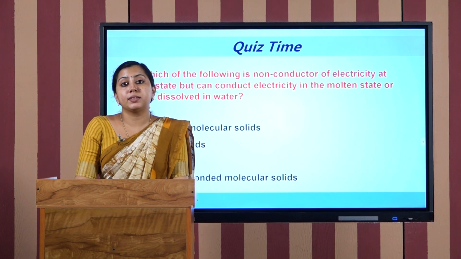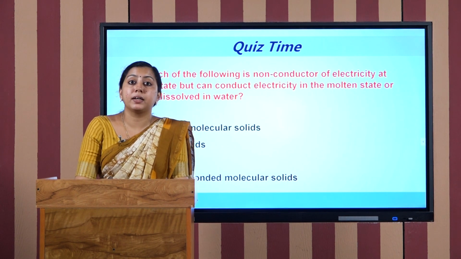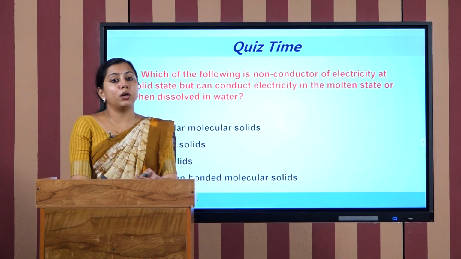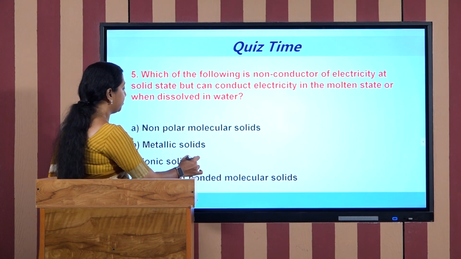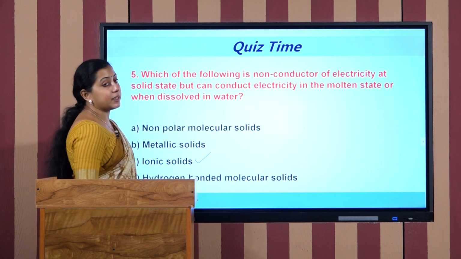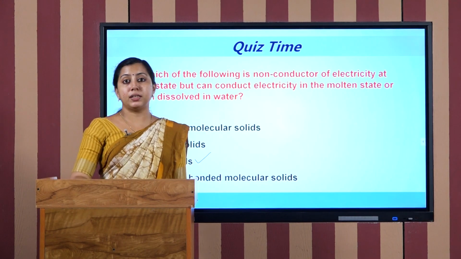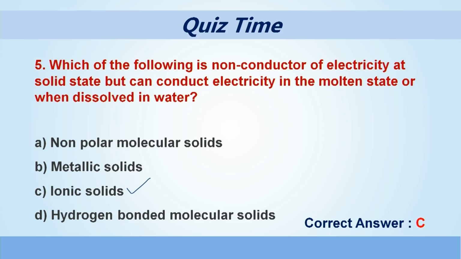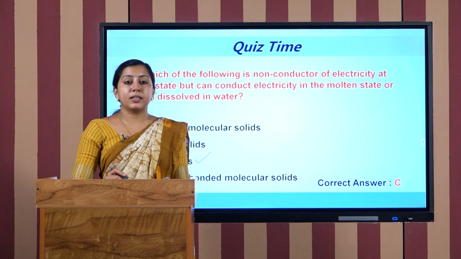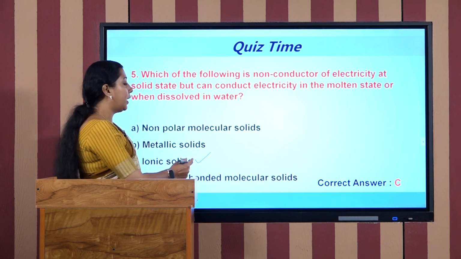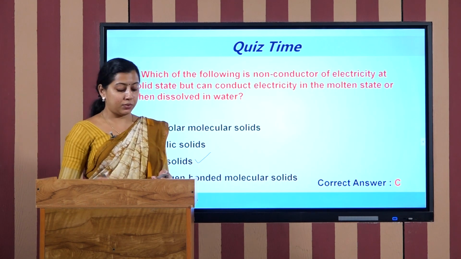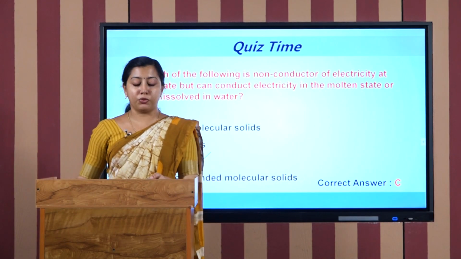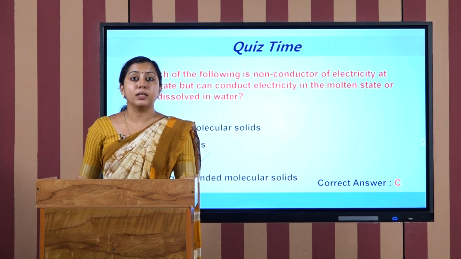And metallic solids, they have high thermal and electrical conductivity. So, what about ionic solids? Now, ionic solids are generally poor conductors of electricity in the solid state, but in the molten state or when dissolved in water, the ions are sufficiently free to move and can conduct electricity. So, the correct answer is option C, ionic solids. So, these are the answers for the questions that we discussed in the previous class.